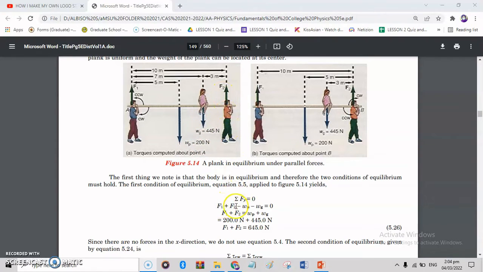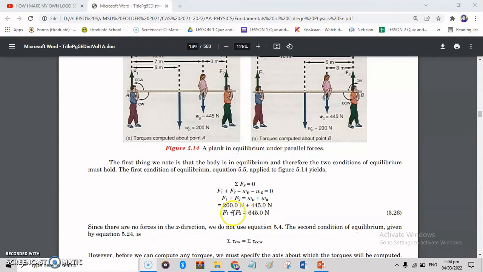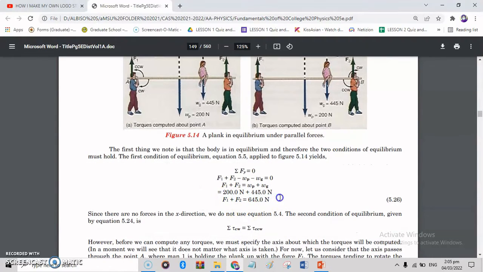So, F1 plus F2 minus WP minus WG is equal to 0. Or pag ilipat mo yun sila sa kabila, magiging positive. F1 plus F2 is equal to WP plus WG. Or 200 Newton plus 445 Newton is equal to 645 Newton yung F1 and F2. So, meron ka ng equation 1.